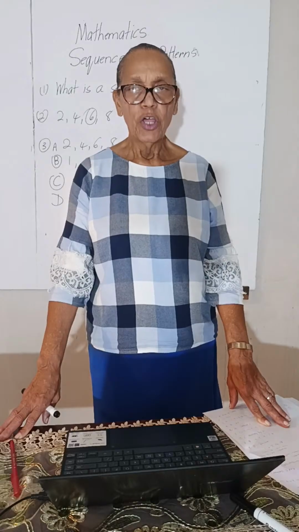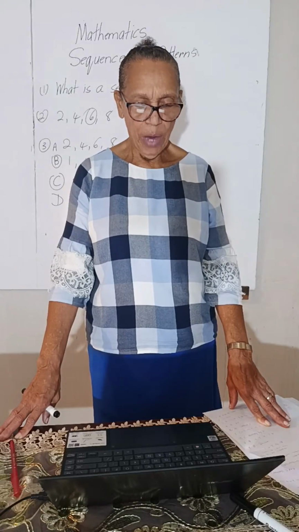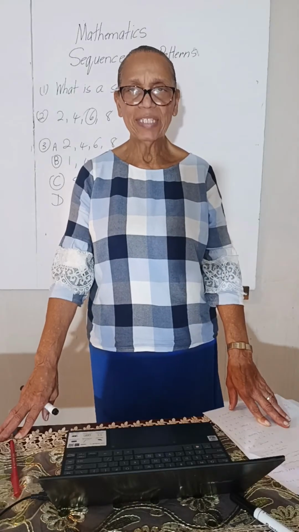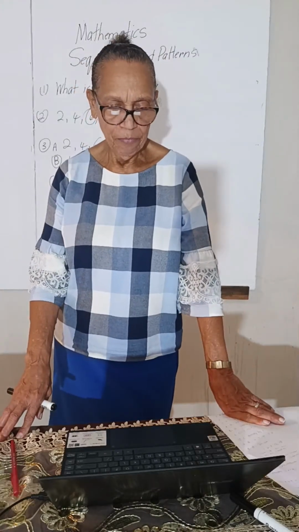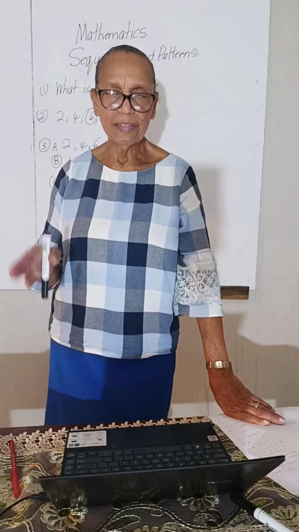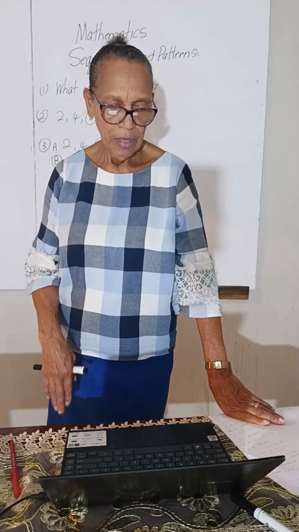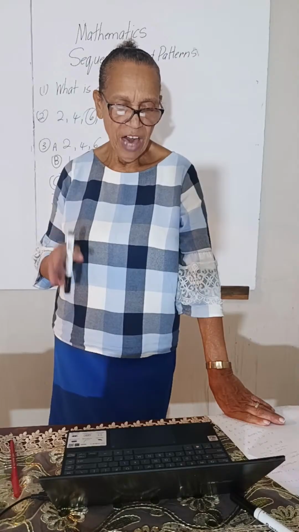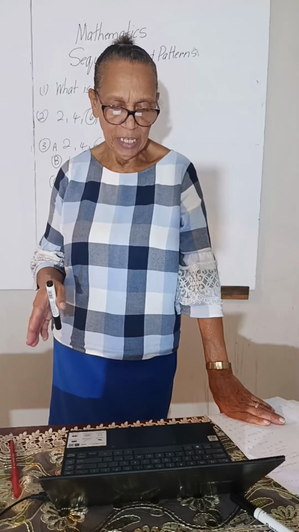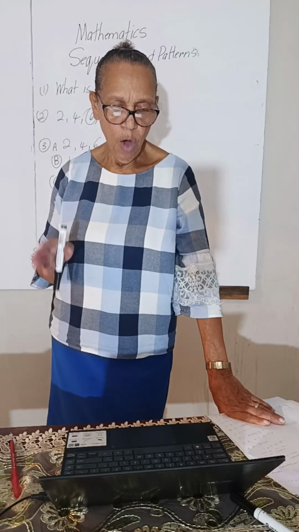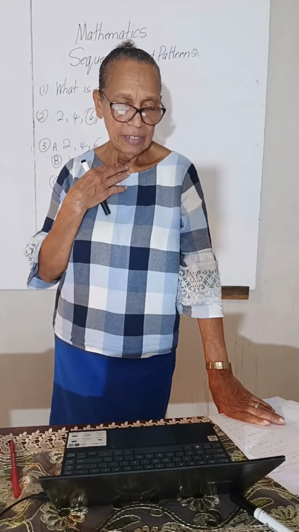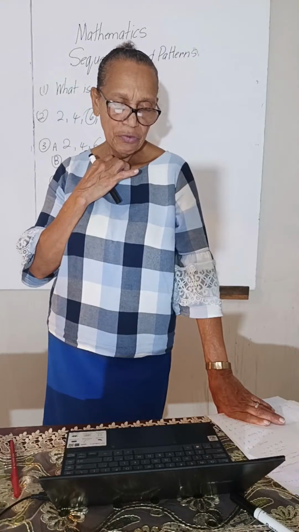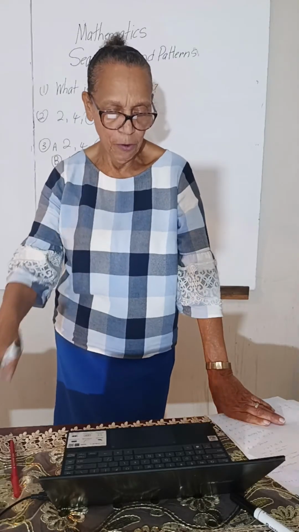D, 3, 6, 12, 24. Number 10 again. Which sequence is irregular? A, 2, 4, 6, 8. B, 5, 10, 15, 20. C, 1, 4, 7, 15, 18. D, 3, 6, 12, 24.